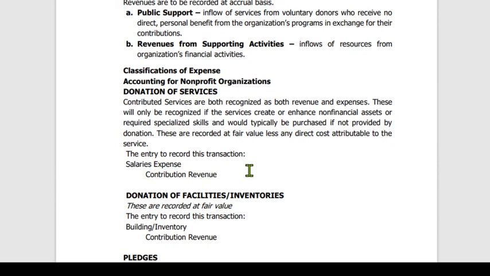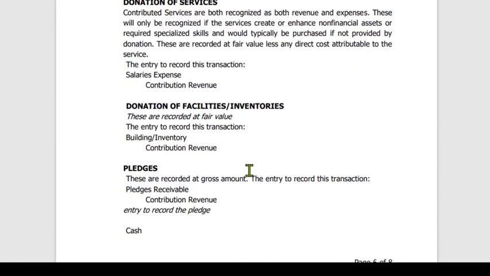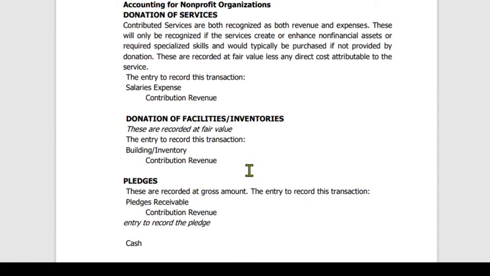So let us classify expenses. Donation of services, donation of facilities, pledges. So under module 5.2, we will be discussing more of how to recognize it under a practical application.